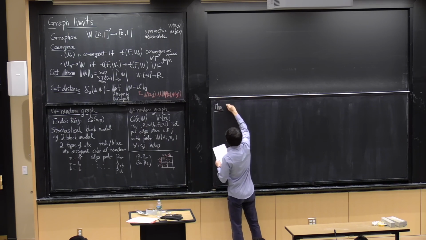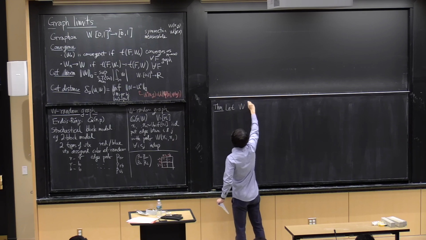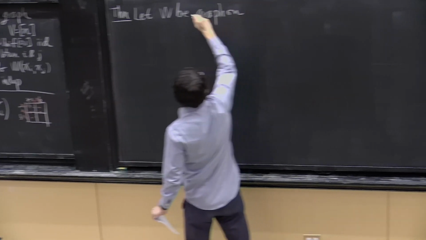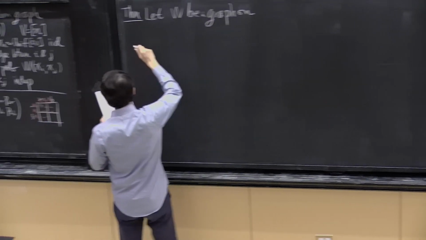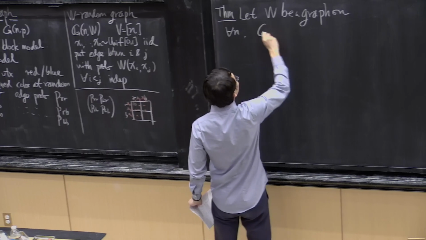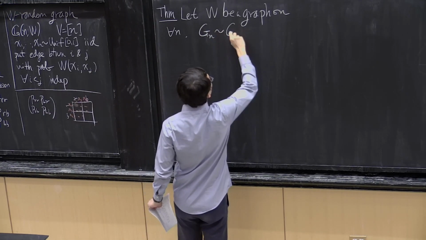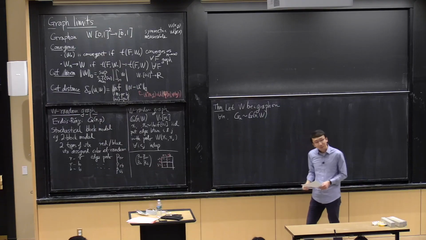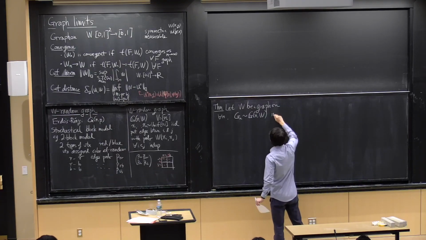So let W be a graphon. And for each n, let me draw this graph G_n using the W-random graph model, okay, independently.